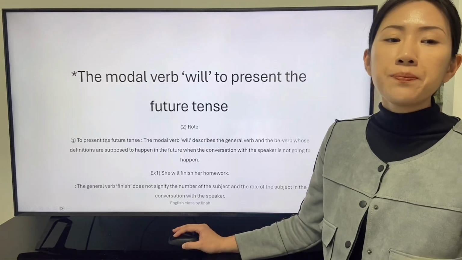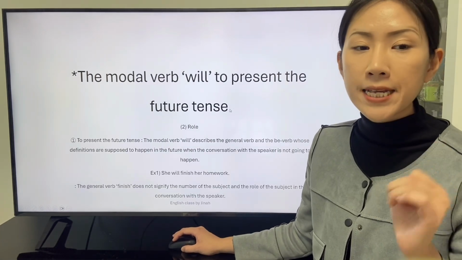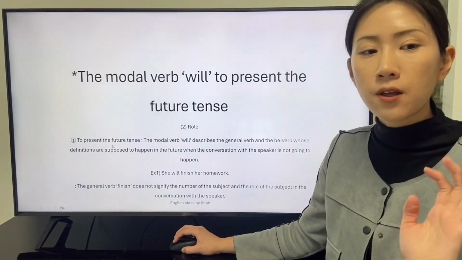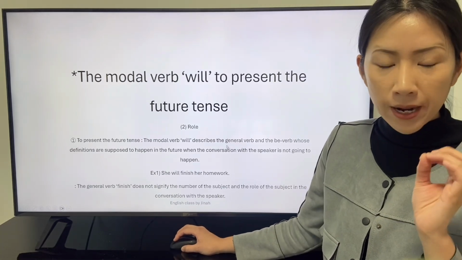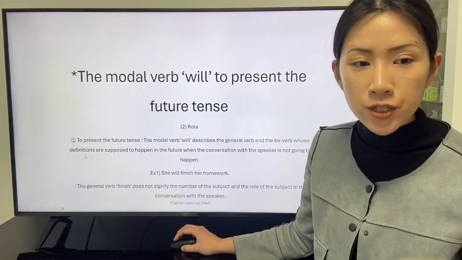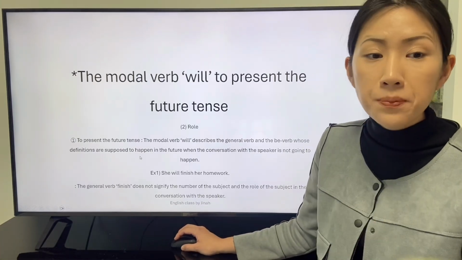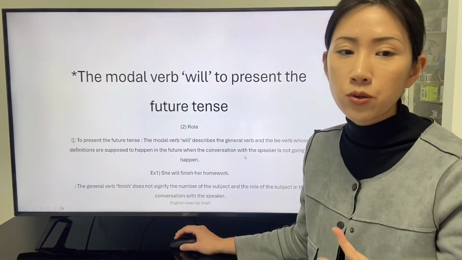The modal verb will, to present the future tense, has the role to reveal the future tense. The modal verb will describes the general verb and the be-verb whose definitions are supposed to happen in the future when the conversation with the speaker is not going to happen.